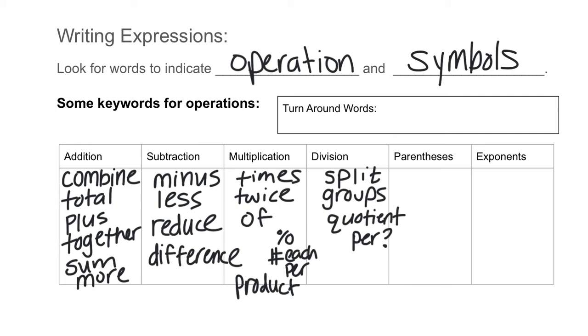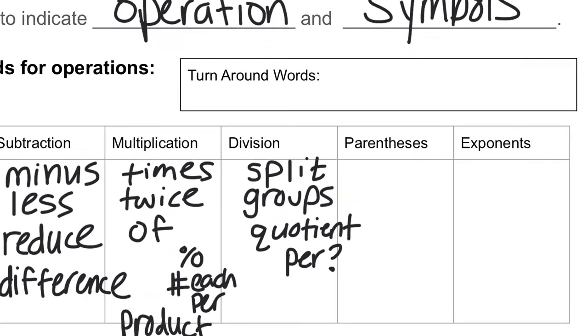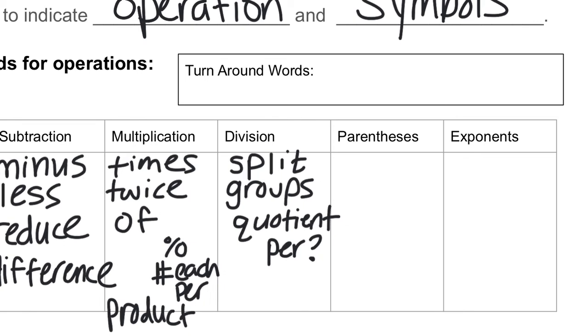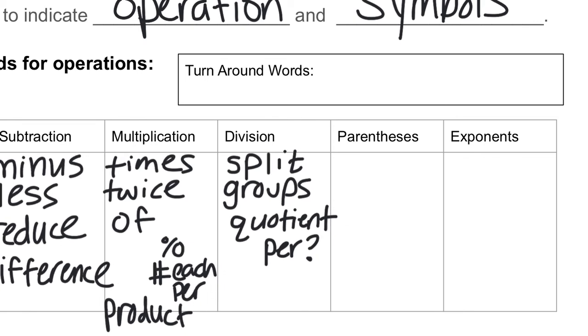In addition to that, you also need to be able to recognize if your problem needs parentheses or if you've got exponents in your problem. So if we're looking at parentheses, parentheses means something has to happen before something else. That's the whole purpose of using parentheses. So if we want to look at this in terms of things that have to happen before other things, we can recognize that in a word problem by looking for things that say like the sum or difference followed by the word product or quotient.